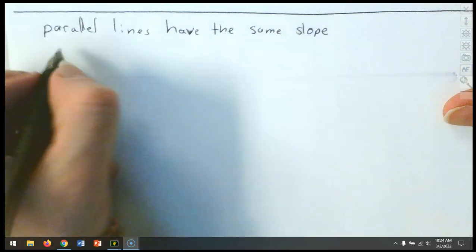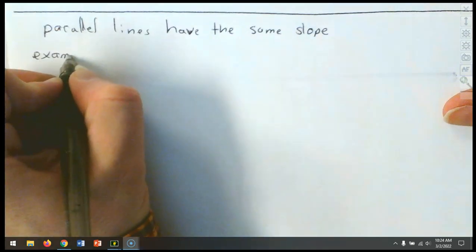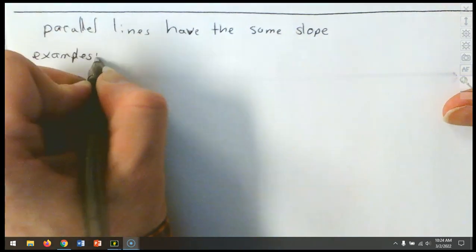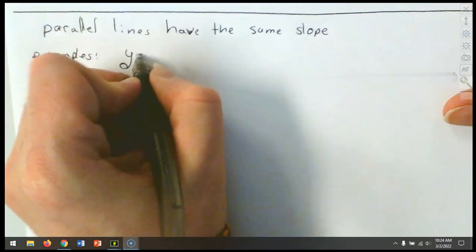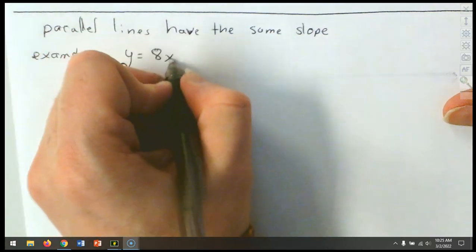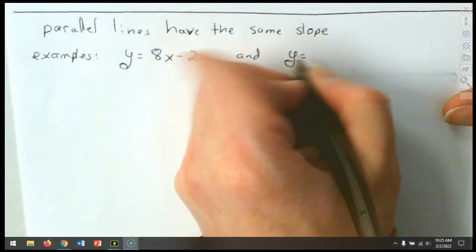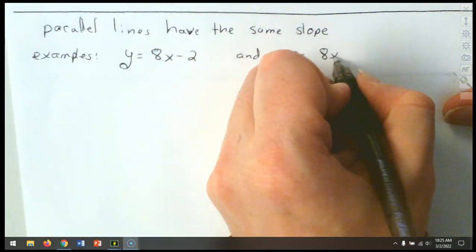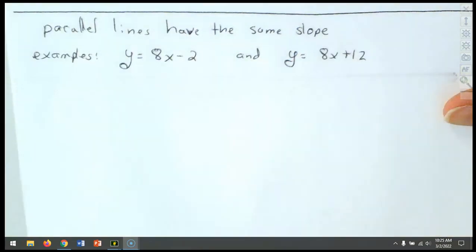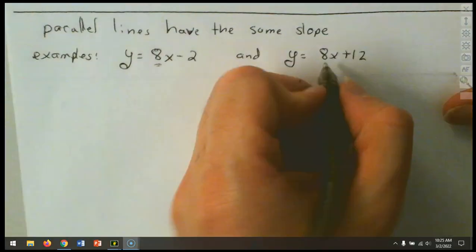So these lines are parallel. y equals 8x minus 2, and y equals 8x plus 12. Same slope, right? These are the same.